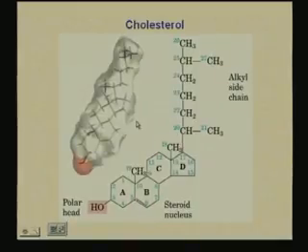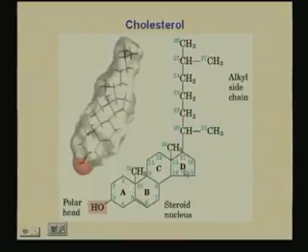This is the numbering scheme for cholesterol. It is the 3 position that has an OH attached to it. We have 4 fused rings, A, B, C, D. There are 3 6-membered rings and D is a 5-membered ring fused with ring C. This is the polar head, the OH, and the rest is the alkyl side chain and the steroid nucleus.